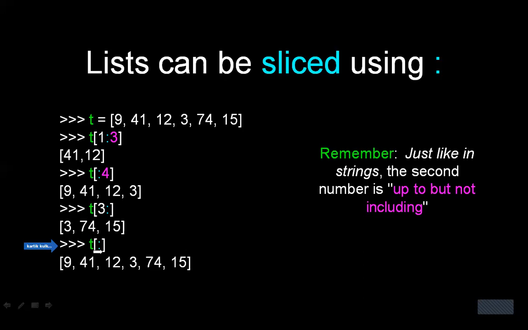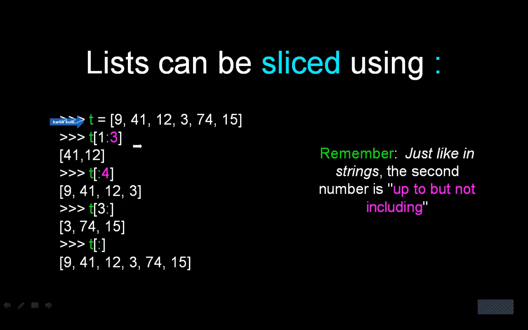Since I have not specified the starting index number or the end index number, by default the starting index number, that is 0, will be considered. So here 9, 41, 12, 3, up to the end, the whole list itself is going to be printed.